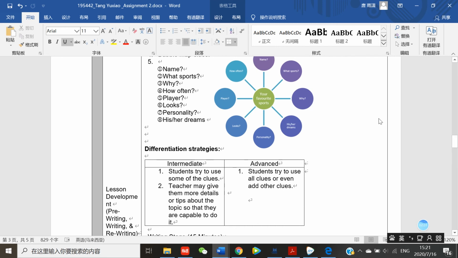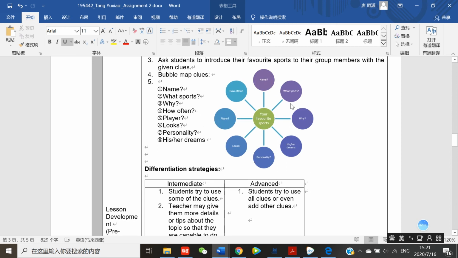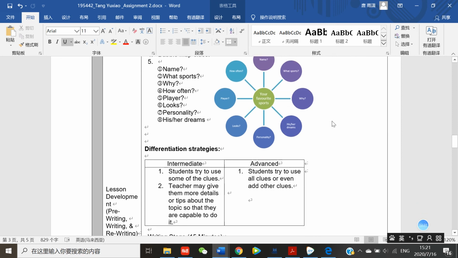In other words, they can choose some of the clues to introduce rather than all clues, and the teacher may give them more details or tips about the topic so they are capable to do it.